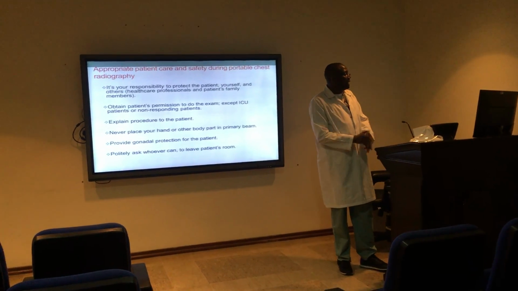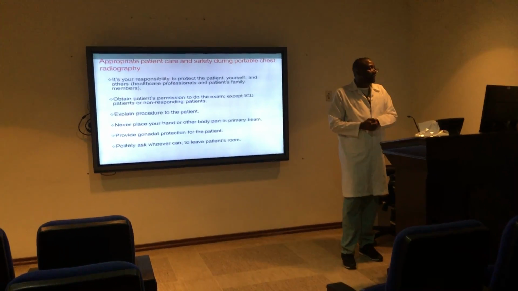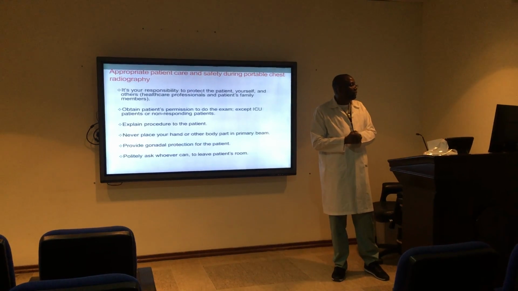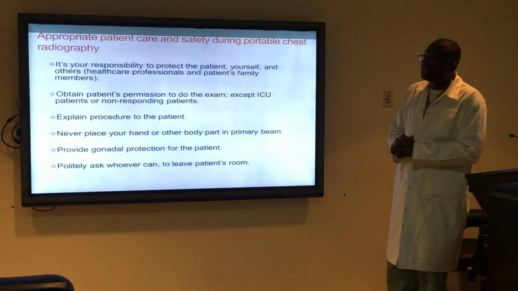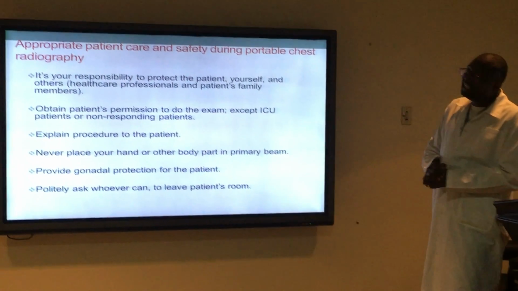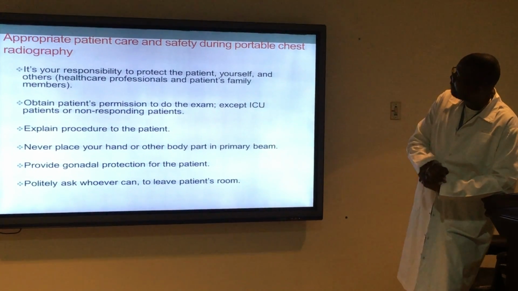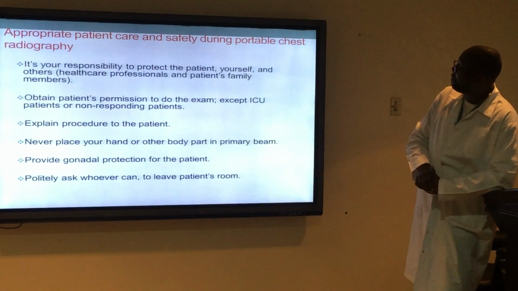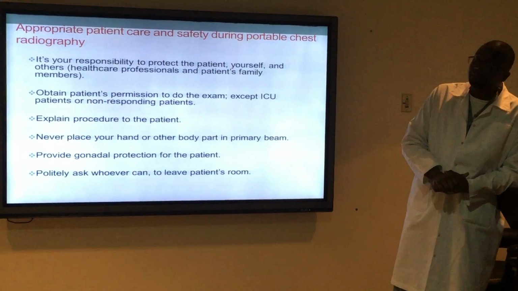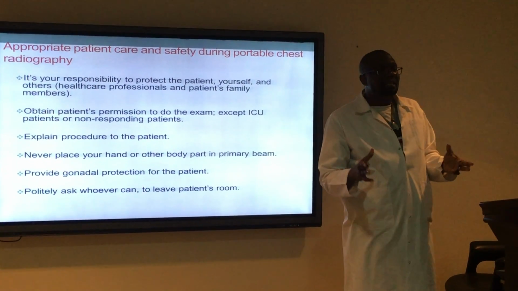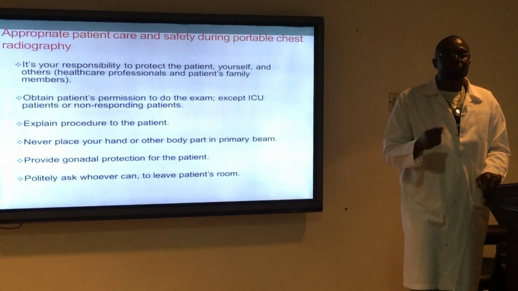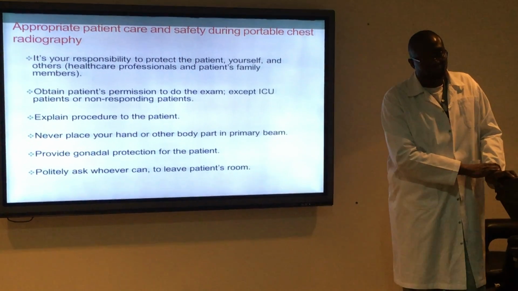Now, I would like to talk about the appropriate patient care and safety during portable radiography. First and foremost, it is your responsibility to protect the patient, yourself, and other healthcare professionals and the patient's family. What this means is that we are dealing with radiation.